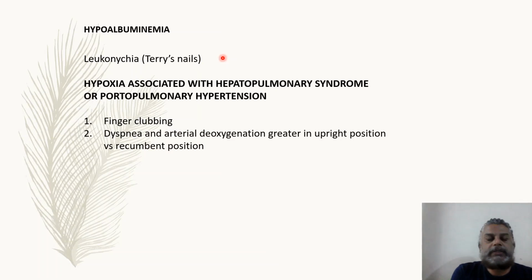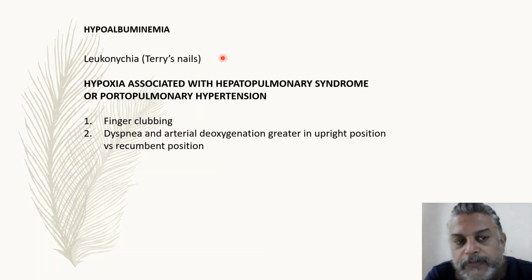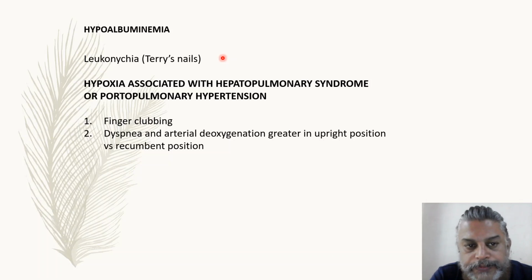Hypoalbuminemia may be seen if the liver disease is of long duration. Similarly, Terry's nail or leukonychia can also be seen in chronic liver disease. There are two types of hepatopulmonary syndromes or portopulmonary hypertension.